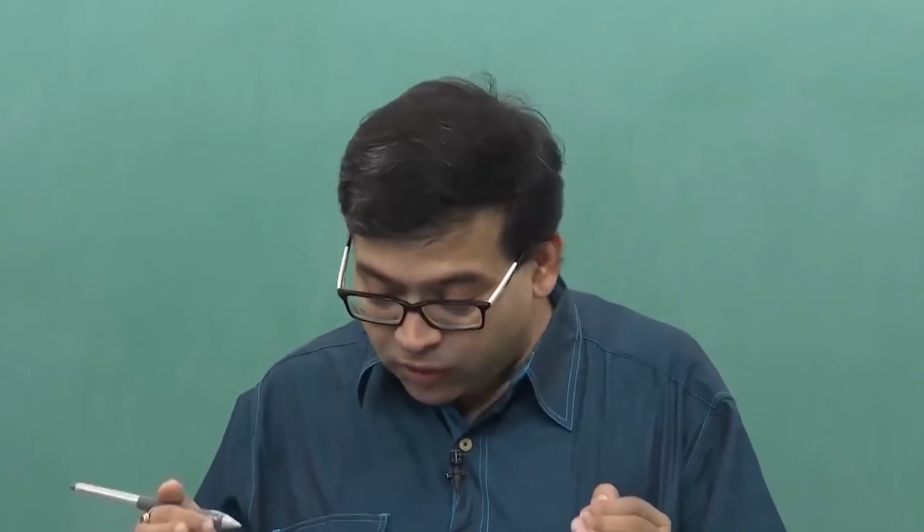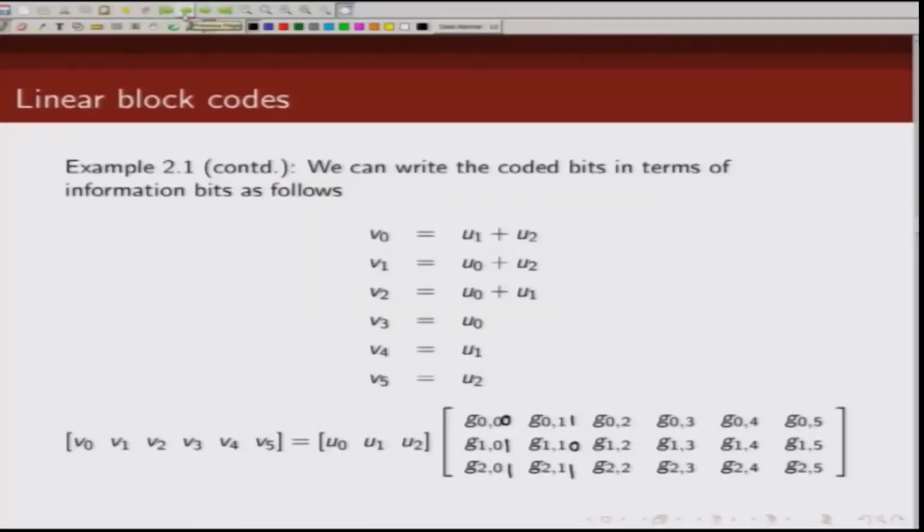Okay. Now, what do we mean by a linear code in systematic form? If the message bits appear directly in the coded bit sequence, then we can separate out the message bits from the parity bits. For example, go back to this example. What do we have here? We have 3 of these coded bits exactly the same as information bits, and the other 3 bits, parity bits, are linear combinations of these message bits.